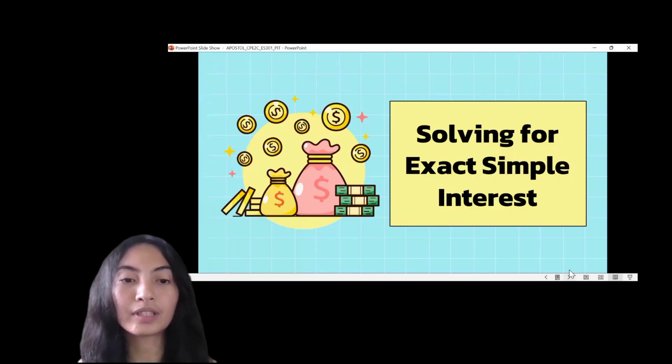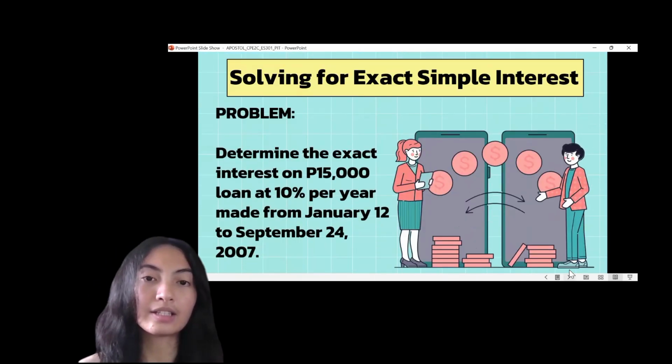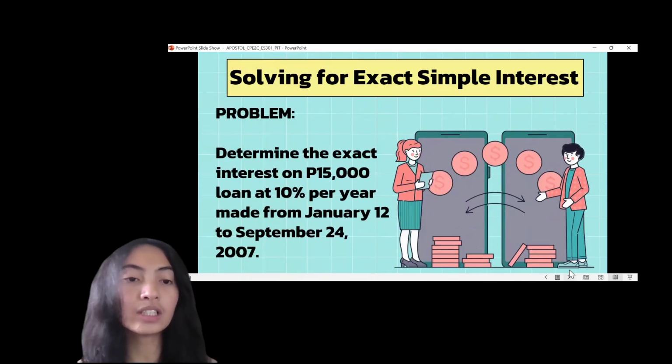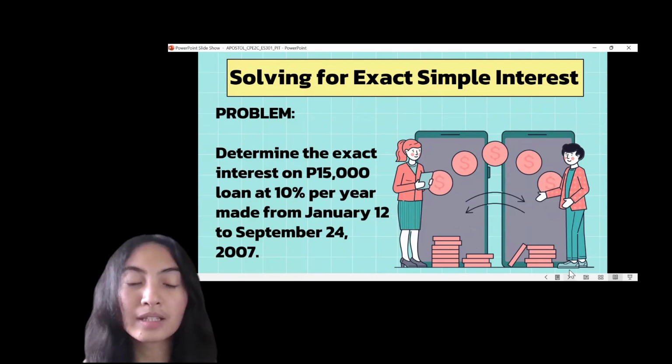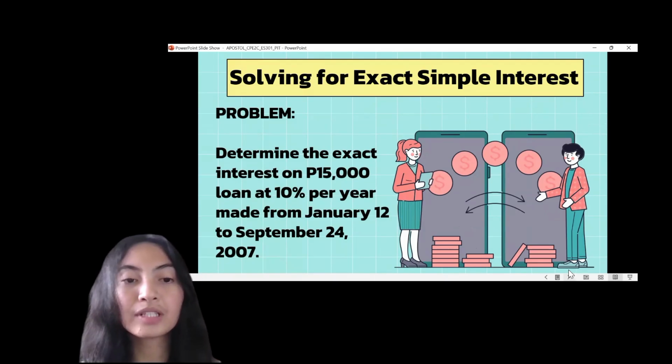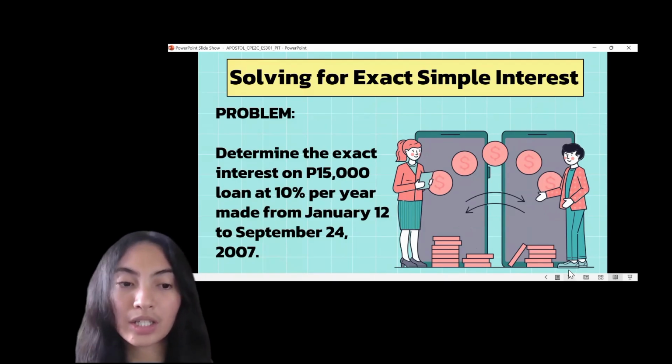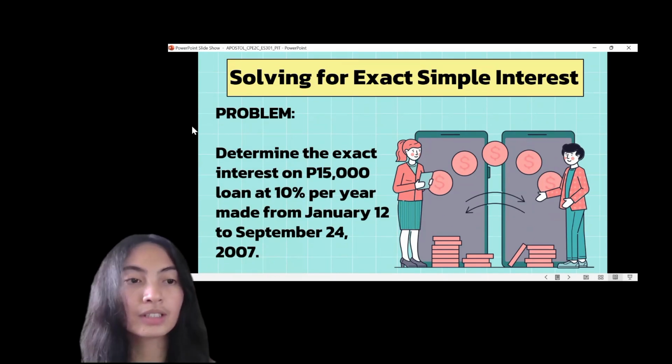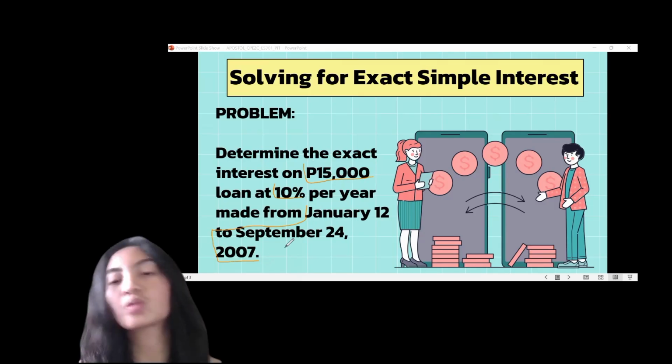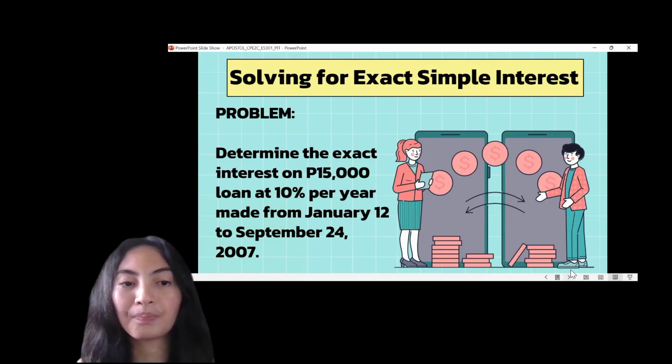Let's try to solve exact simple interest in this problem. We have a problem that states: determine the exact interest on a 15,000 pesos loan at 10% per year, made from January 12 to September 24, 2007. First, let's take note of our given in order for us to analyze the problem.